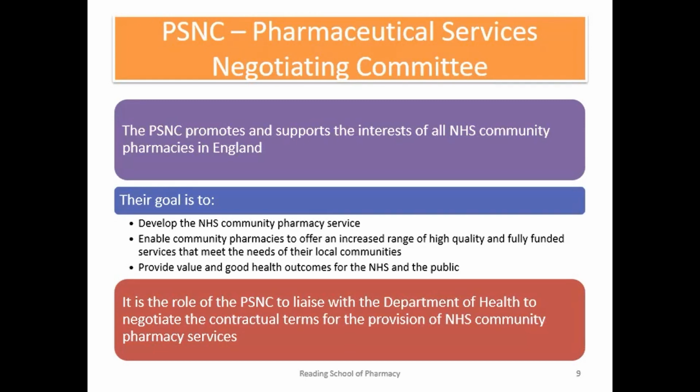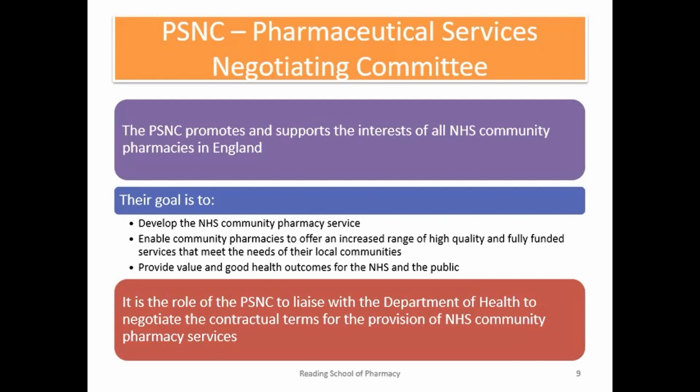Now, the Pharmaceutical Services Negotiating Committee promotes and supports the interests of all NHS community pharmacies in England, and their goal is to ensure and develop the NHS community pharmacy service. So it enables community pharmacies to offer an increased range of fully funded services that meet the needs of local communities. They liaise with the Department of Health, and they negotiate terms so that we can provide community pharmacy services.